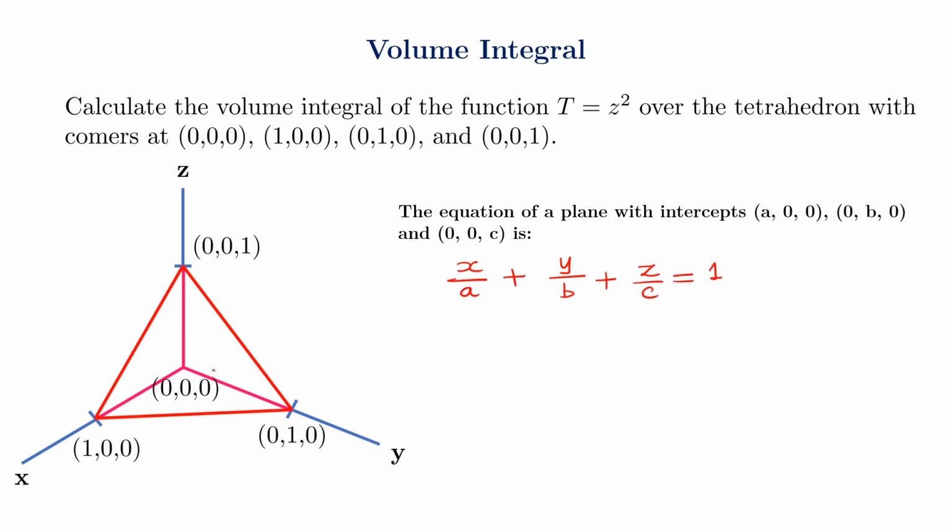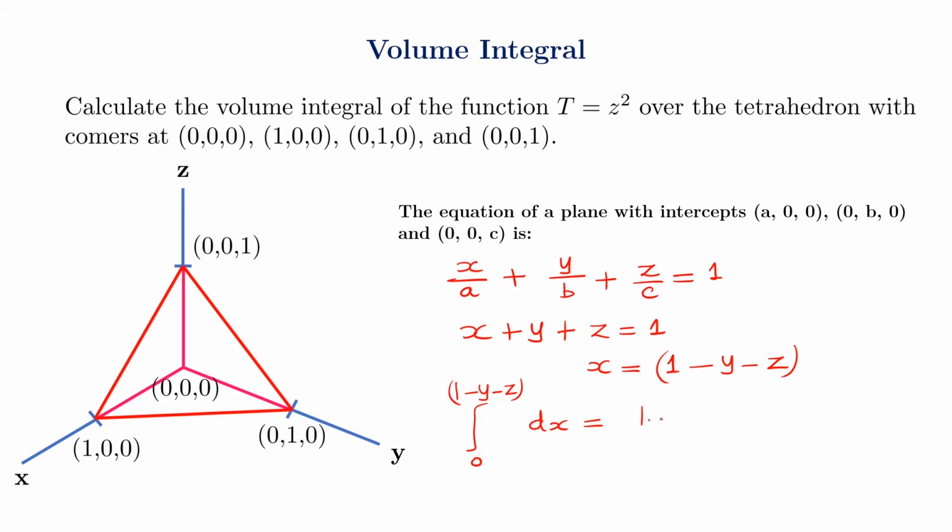Since the intercepts are at 1, 1 and 1, we have the equation for the sloping surface as x plus y plus z equal to 1. From this equation we'll write x as equal to 1 minus y minus z, and the integration with respect to x runs from 0 to 1 minus y minus z of dx, which is equal to 1 minus y minus z.